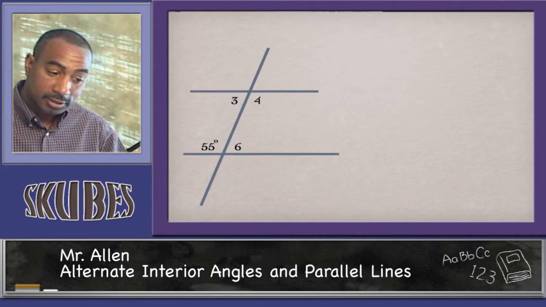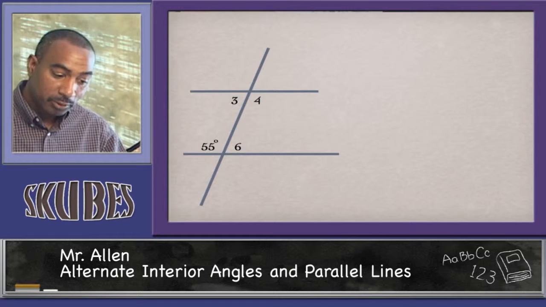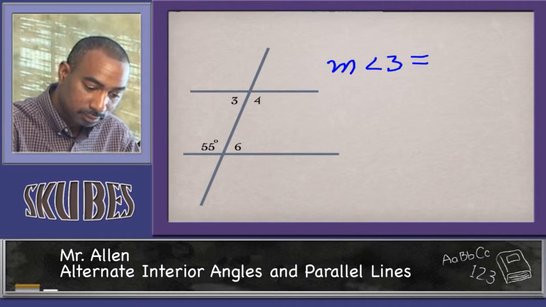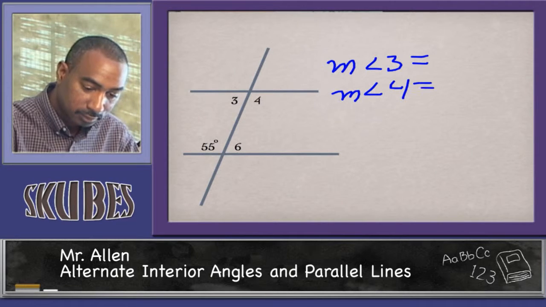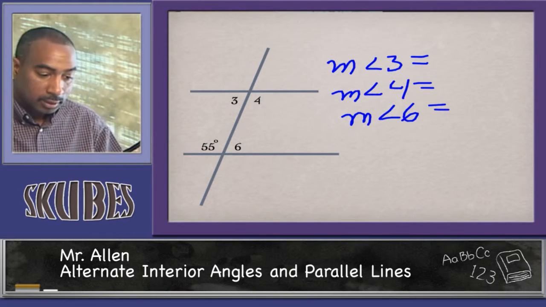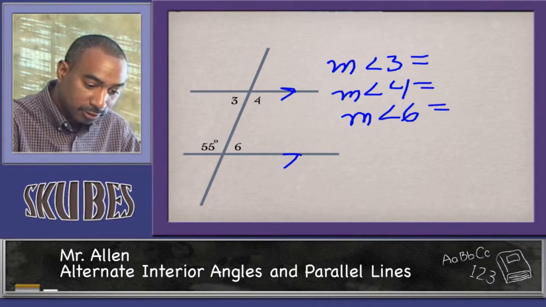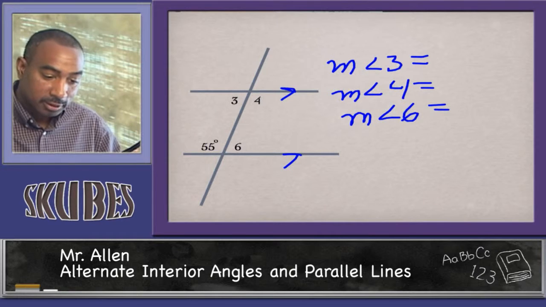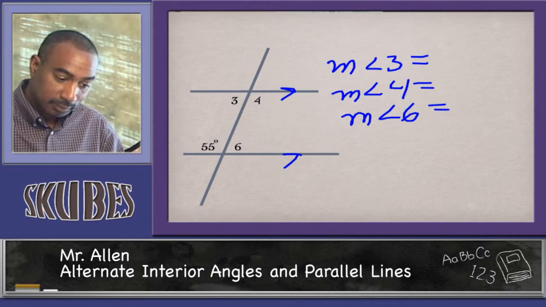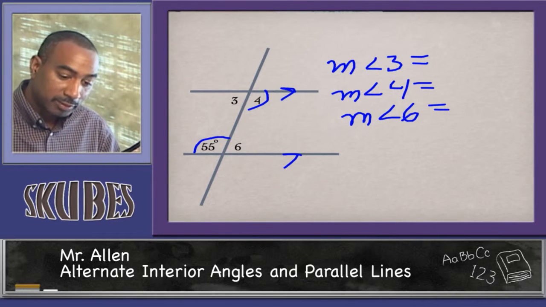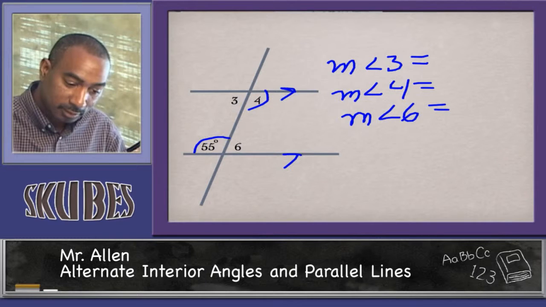Right, likewise, let's say I want to find the measures of angle 3, 4, and 6. Well, I have two parallel lines and a transversal that intersects, and I have two pairs of alternate interior angles. Angle 4 is alternate interior to this angle, which is 55 degrees, so that forces the measure of angle 4 to be 55 degrees.